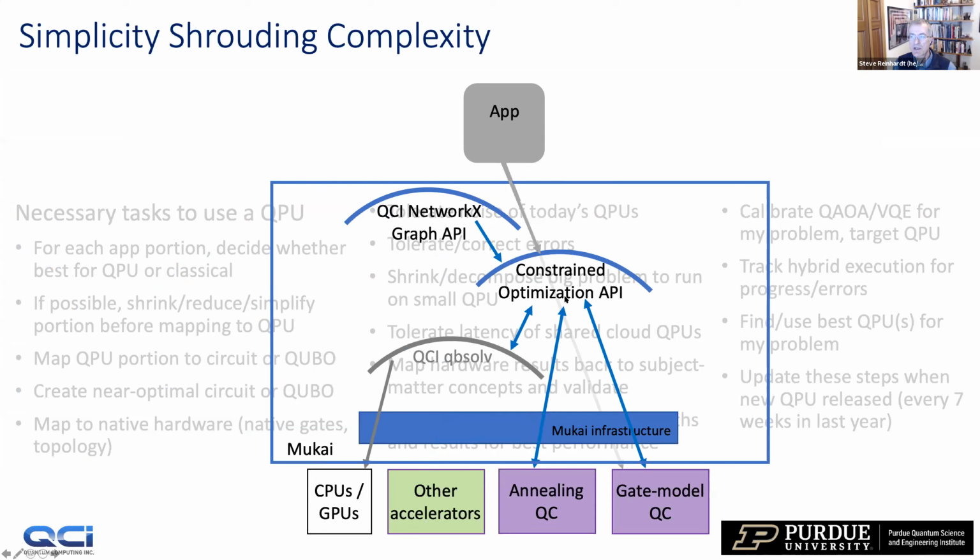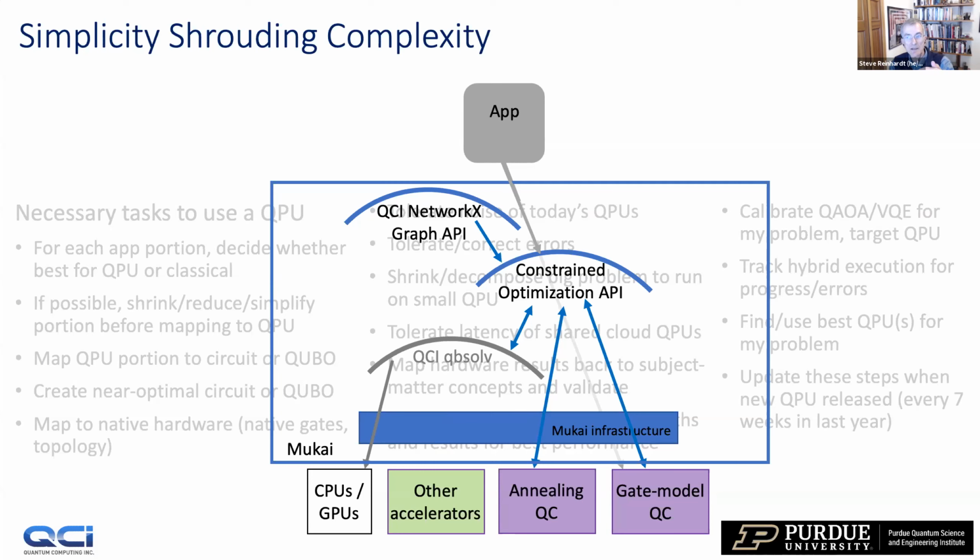So here's our constrained optimization API. To use that, you pass constraints and an objective function. If you're doing constrained optimization, these things are very well known to you. We have a specialized API on top of that, which is specifically for graph analysis, and Mark will talk about that later.